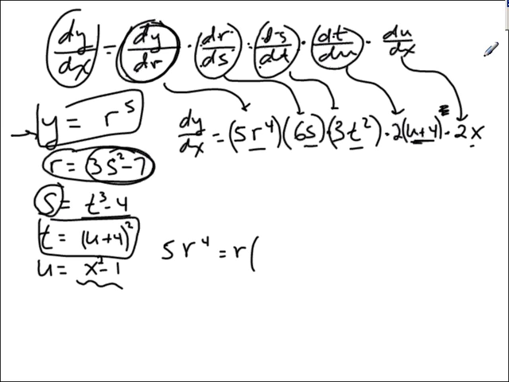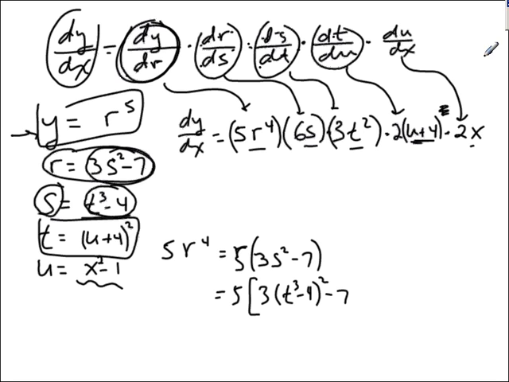So it's 5 times r, which is 3s squared minus 7. But s can be written that way. So it's 5 times 3 times s squared minus 7. 5 times 3 times t cubed minus 4 squared minus 7.